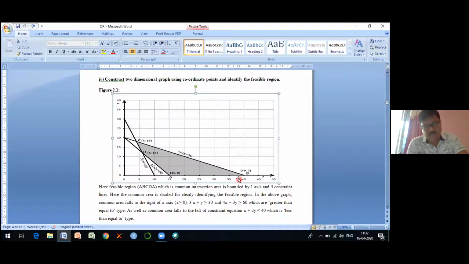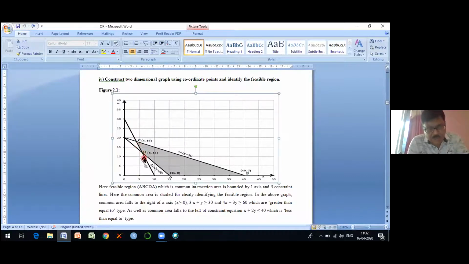And in the second case, x by 10 plus y by 30. So 10, 0 and 0, 30. So again we are getting another straight line.